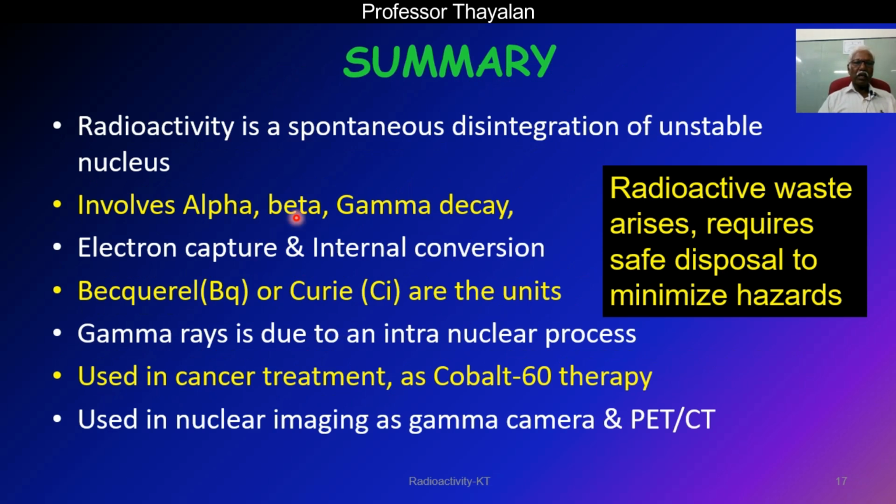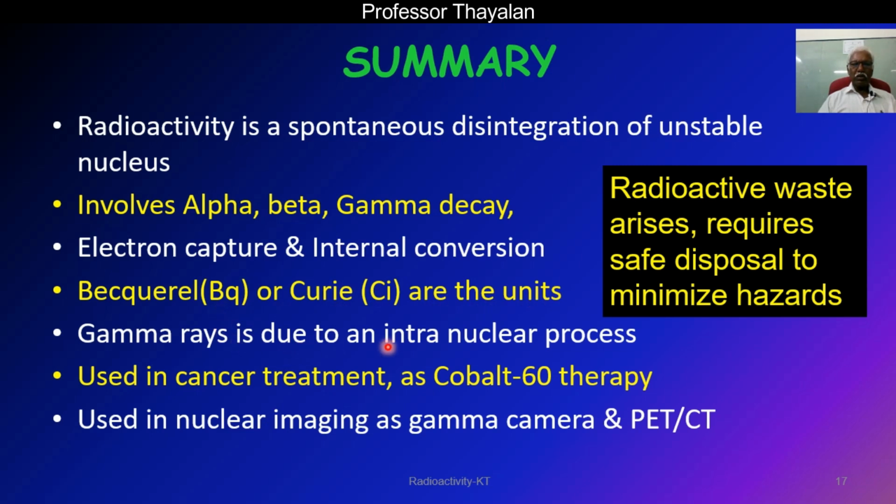In summary, radioactivity is a spontaneous disintegration of an unstable nucleus. It involves alpha, beta and gamma decay. Of course, to an extent, electron capture and internal conversion also contribute to radioactivity. Becquerel and Curie are the units of radioactivity.